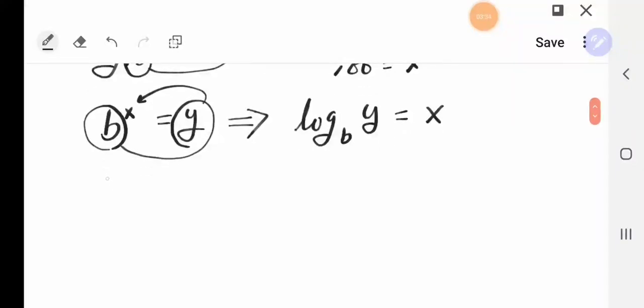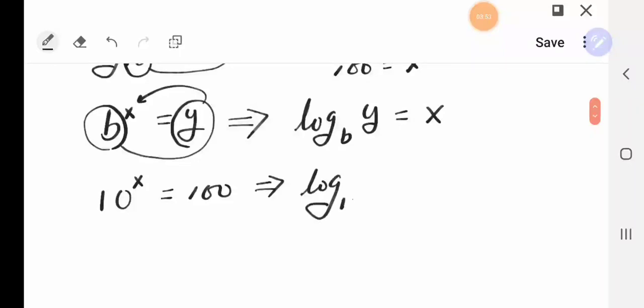Let's try again. Let's use base 10 to the x power, where the exponent is x, equal to 100. We want to find x, so you can try logarithm base 10.